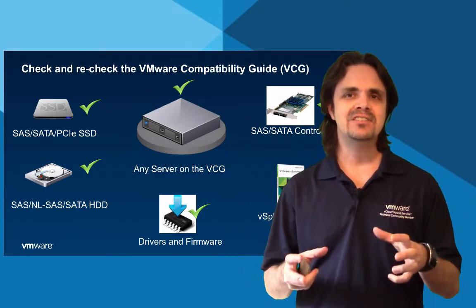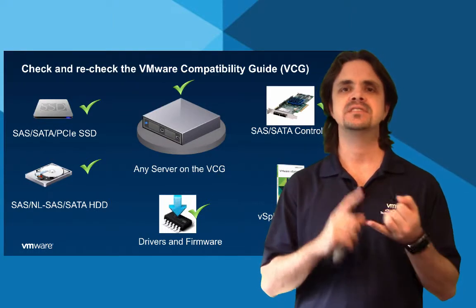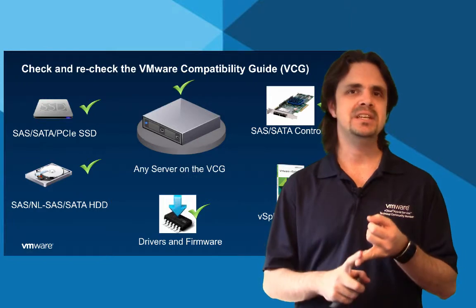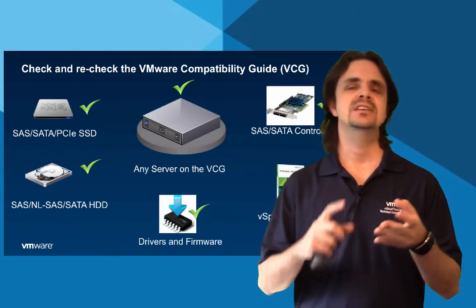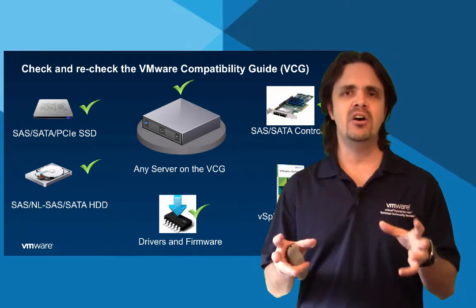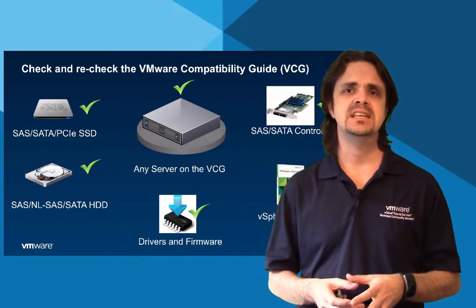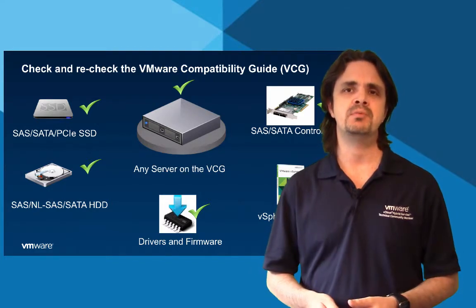And so if we're having to do that, make sure you're checking everything from the solid state disks, the spinning disks, the HBAs, drivers, firmware, vSphere additions, all of that. That way you can ensure the greatest level of success moving into that project.